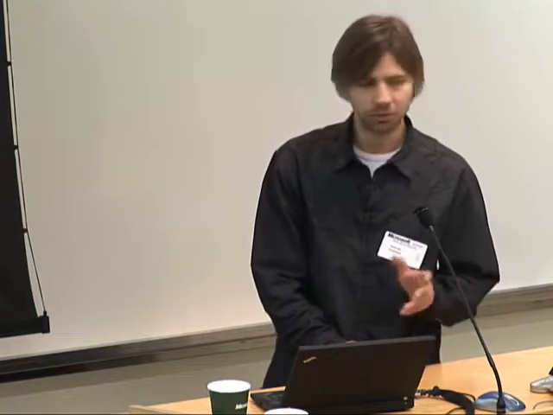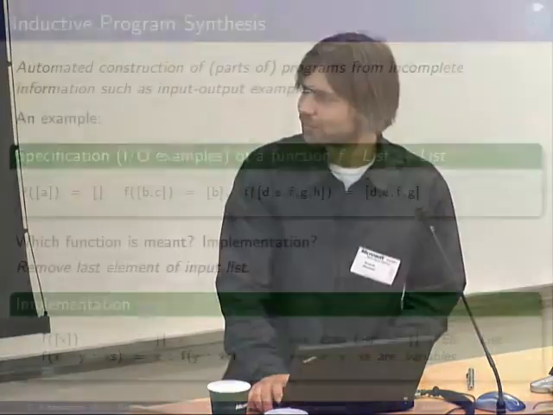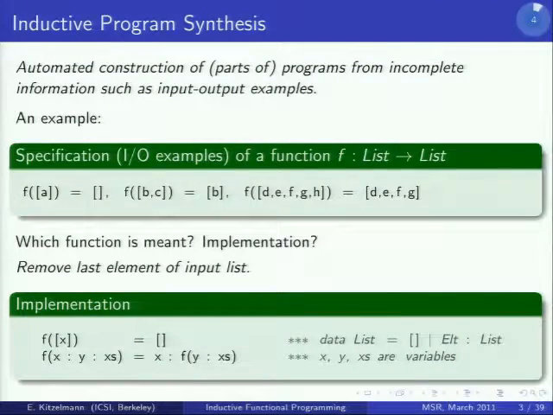So this is an incomplete specification of f because we've just specified three of the possible inputs. But it's quite clear which function is meant, I think, namely the function that removes the last element of the input list.